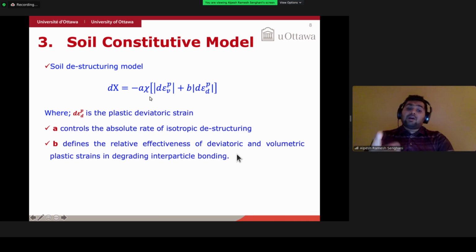However, on top of the volumetric plastic strain, we now have the deviatoric plastic strain, which means to remove. The function of the change in shear, which is the bonding, is actually a function of the plastic deviatoric strain and the volumetric plastic strain. A and B are constants. Those will be provided in the solution.